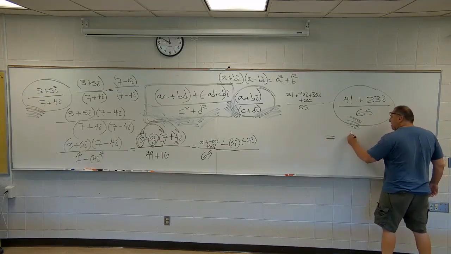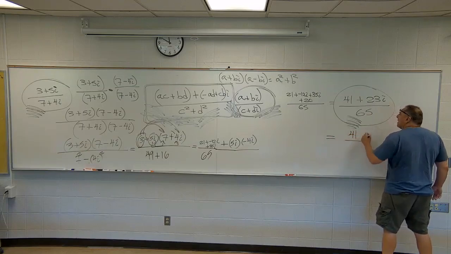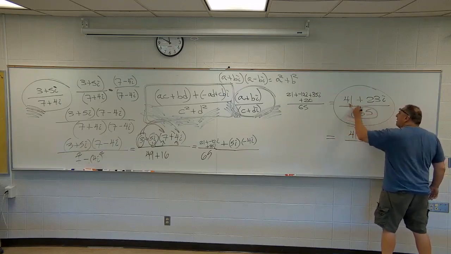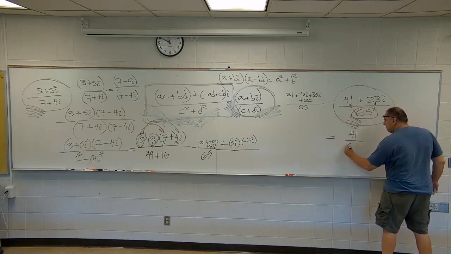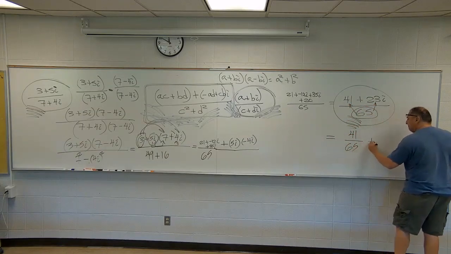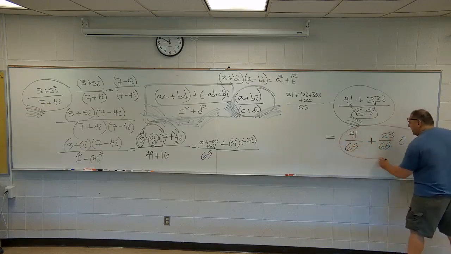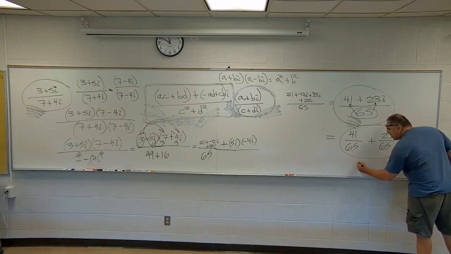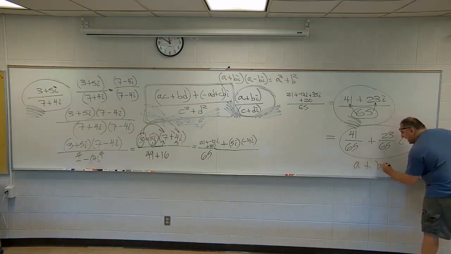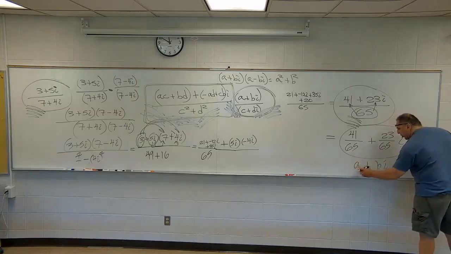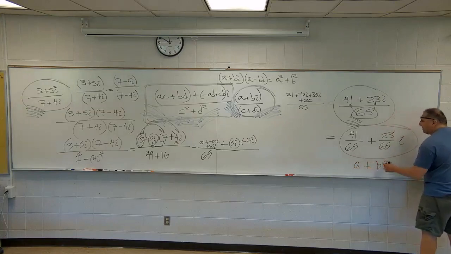So right here, let's take the 65 and go here and go here. Formally, in the most formal sense, this looks the most like a plus bi. Real, purely real, plus real times imaginary.